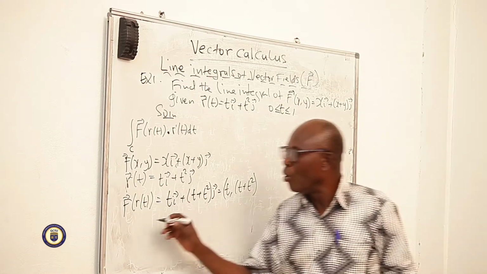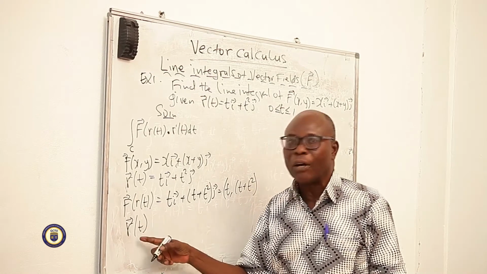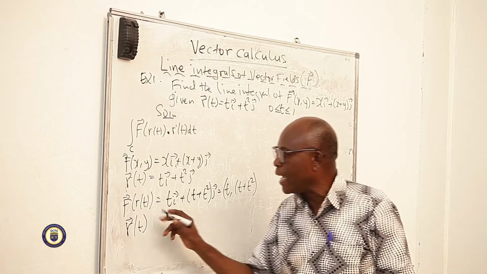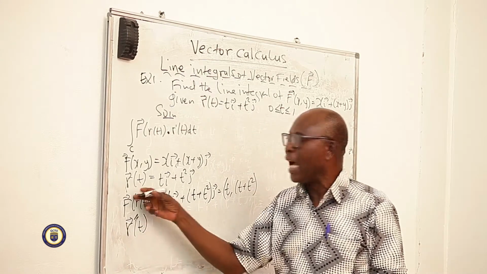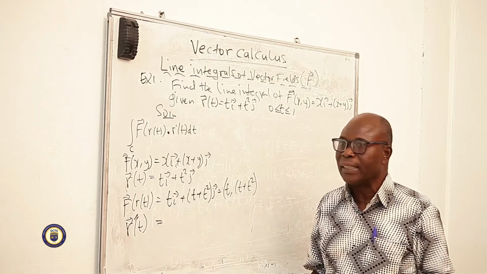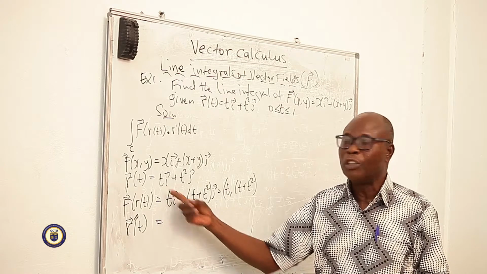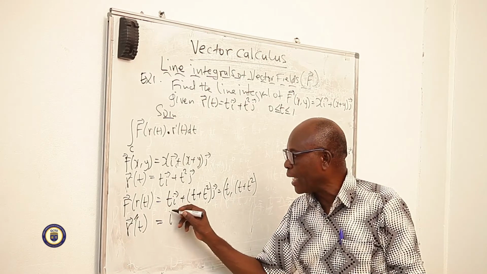Now, we know r of t. So once we know r of t, which is given as this, we can find r prime of t. We can differentiate r with respect to t. When we differentiate it, what do we get? We differentiate t with respect to t in the i direction, that will give us 1, and 1 times i is i.